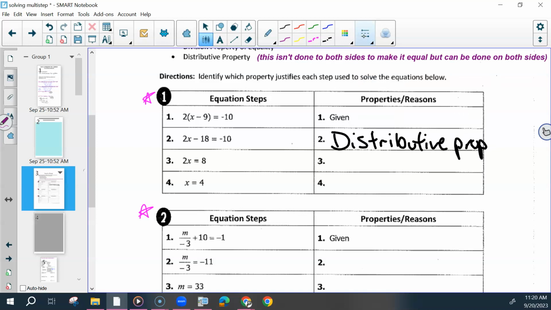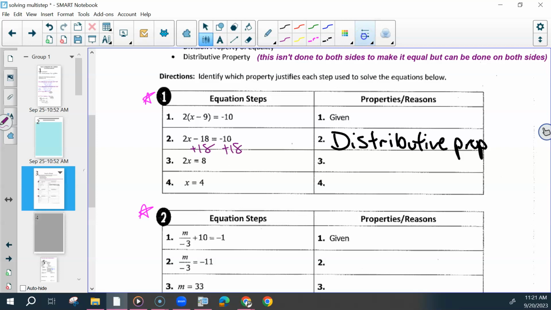Okay, and then step 2 to step 3, what did they do next? So if I subtracted what first? So if we subtracted 18, would that give us 8? Added.